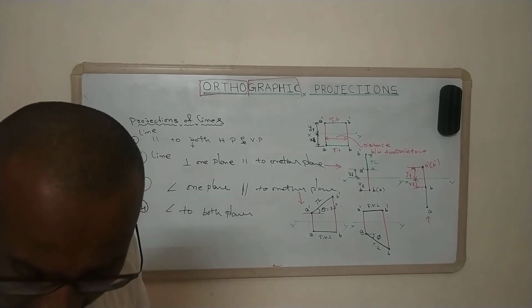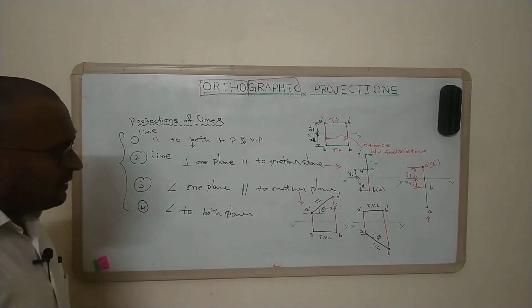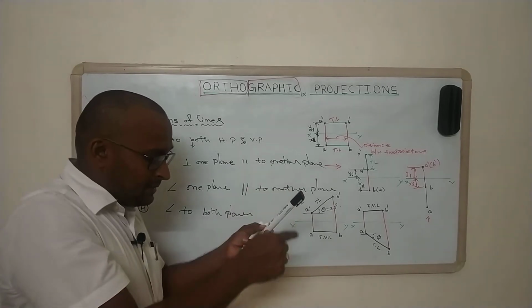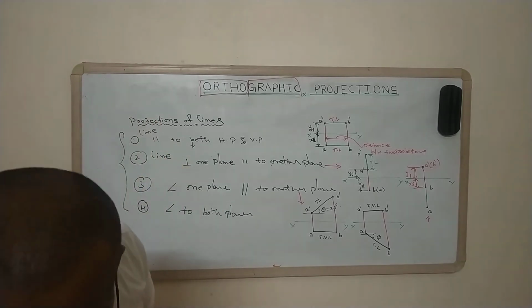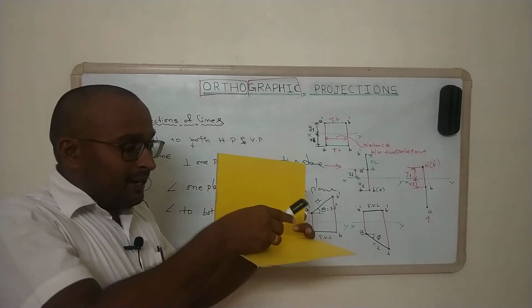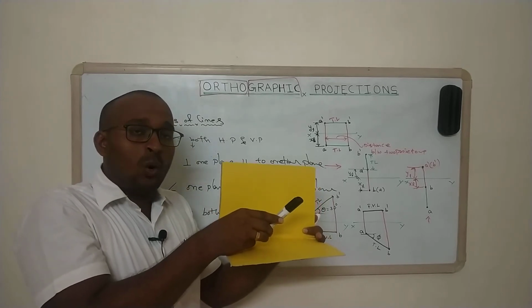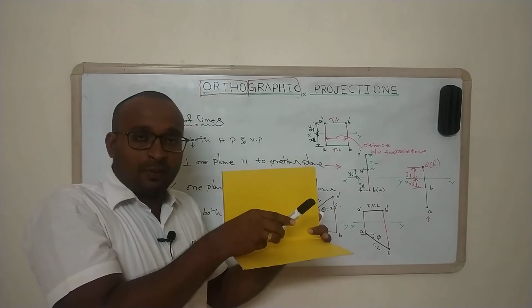Here a line inclined to both the planes, in the sense a line is inclined to VP as well as inclined to the HP. In such cases, definitely it is not possible to get the true length of the line on VP or on HP.